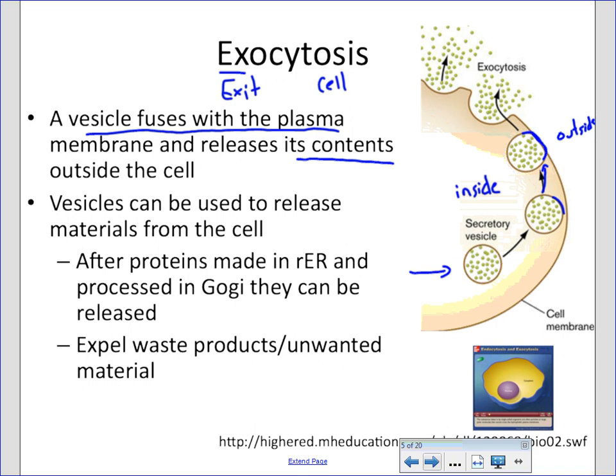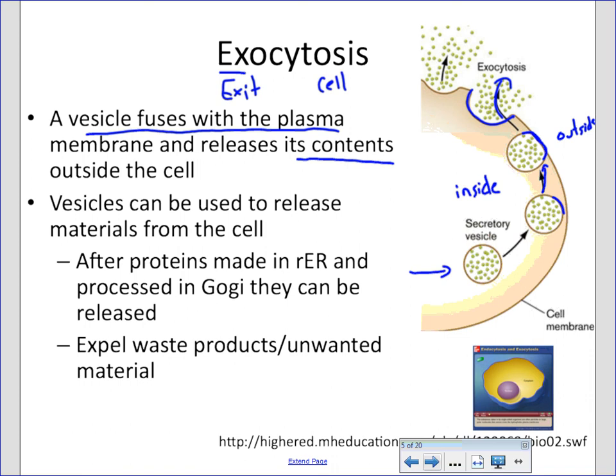Remember, those phospholipids are fluid, they can move about. So you can have the two membranes essentially join together and allow those phospholipids to interact with each other. As the two membranes fuse, this will create an opening that will allow the contents of that vesicle to be released to the outside of the cell.